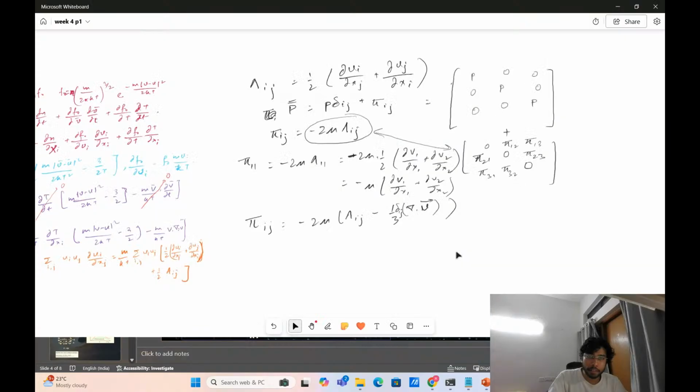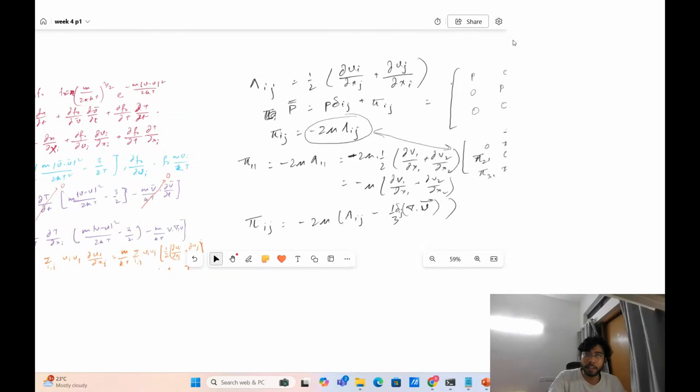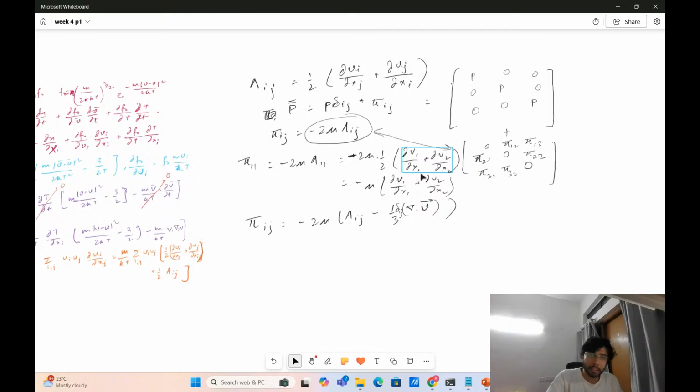Now, why this? Because now we will try to see whether the trace of this matrix, which, as I said, is the summation of the diagonal elements, is equal to 0 or not.